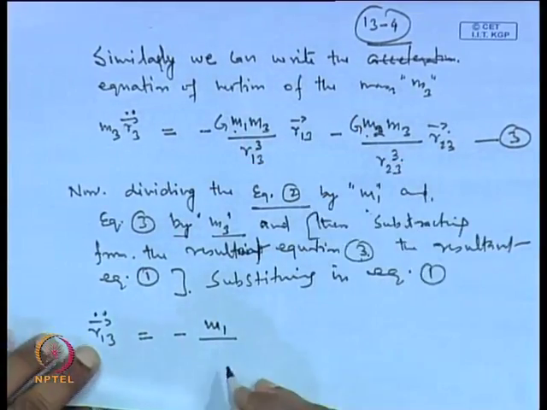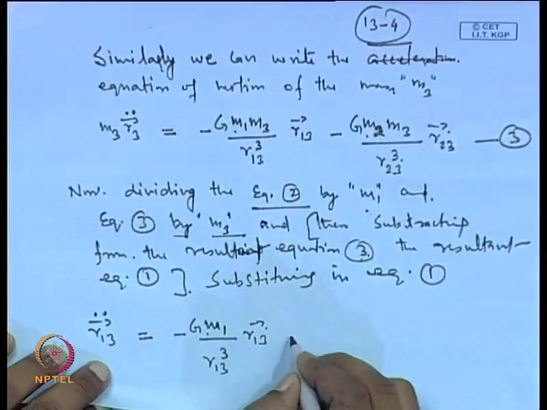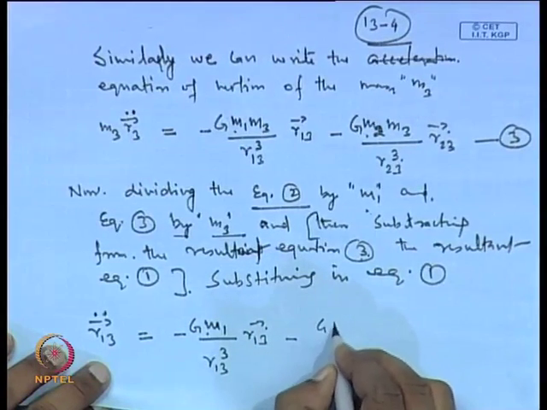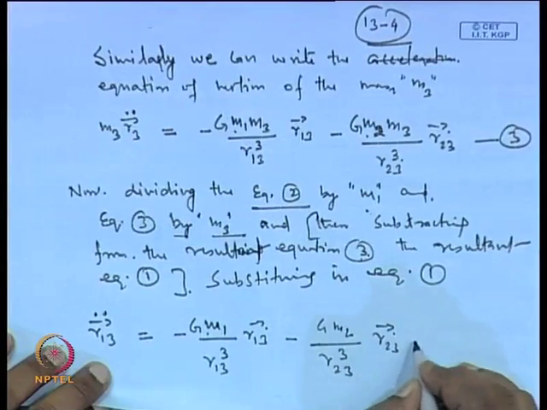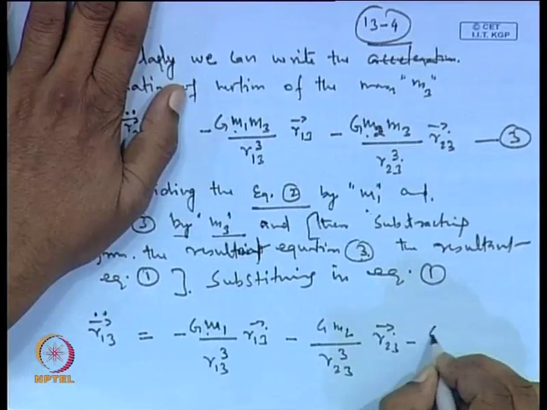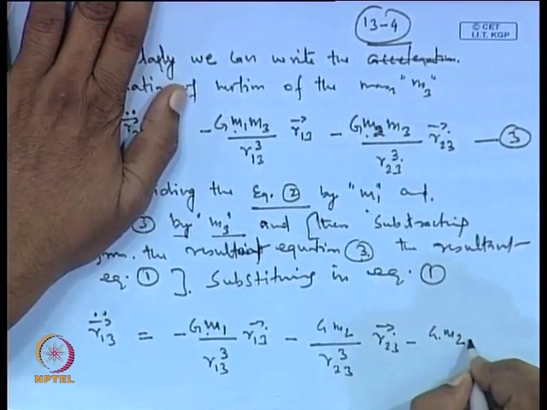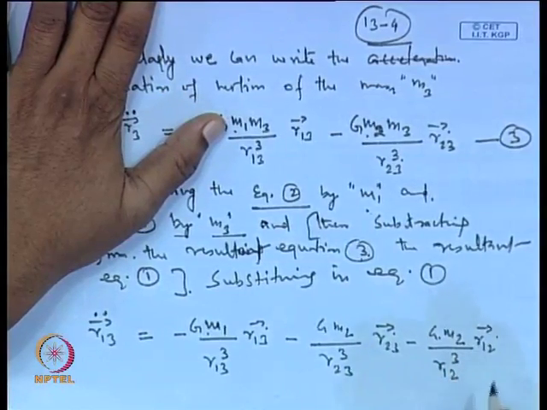So, we insert here G. So, G times m1 by r13 whole cube, G m2 by r23 whole cube, and then from the equation 2 we get minus G m2 times r12 whole cube r12, minus G m3 by r13 whole cube.